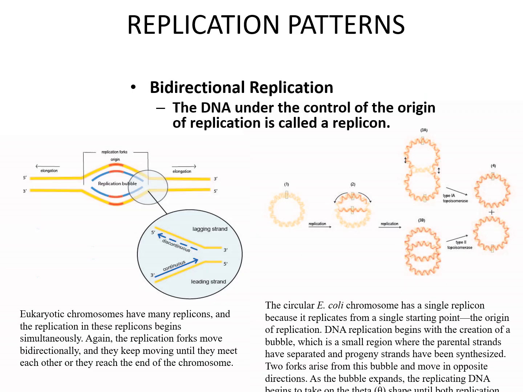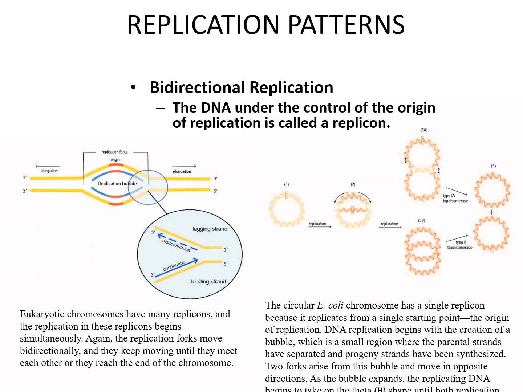So we just discussed the coupled replication fork, and now the replication patterns. As we know, most eukaryotic and bacterial DNA replicate bidirectionally, and the DNA under the control of an origin of replication is called a replicon. On the right side, you can see a typical circular E. coli chromosome. The circular E. coli chromosome has a single replicon because it replicates from a single starting point, the origin of replication.